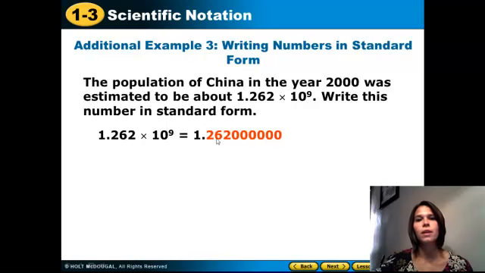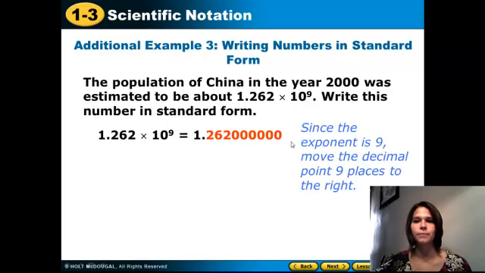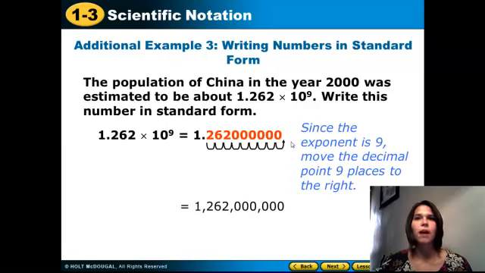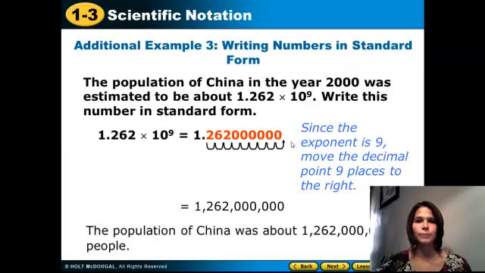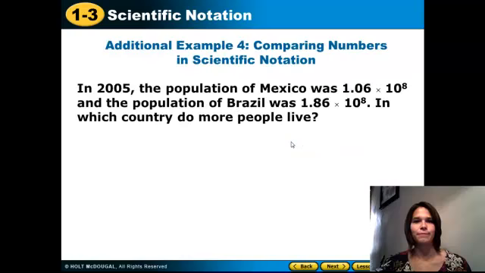So there were 3 numbers that I moved, so I'm going to add 6 zeros to get all the way to 9 places. So we're going to count that over. And there would be my number in standard form. A lot more to write than just that scientific notation form of that. Because it was a word problem, make sure to include the proper notation.